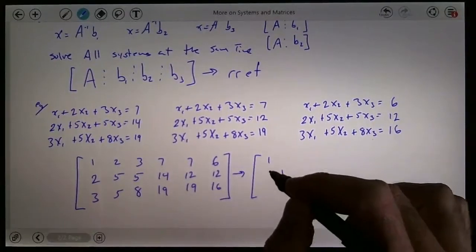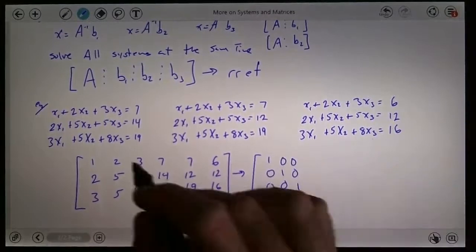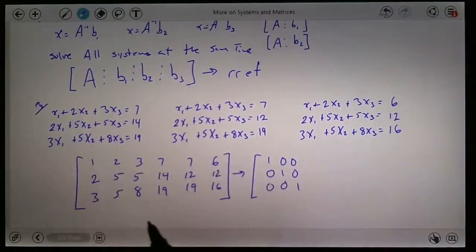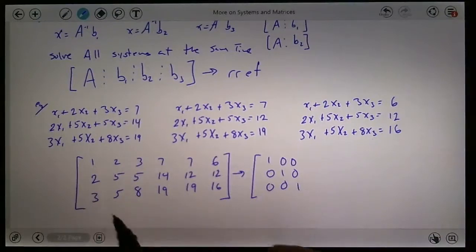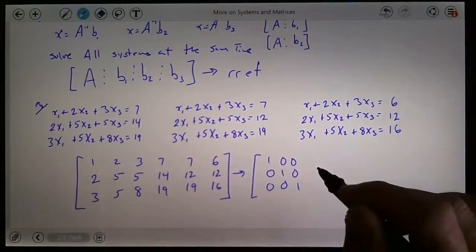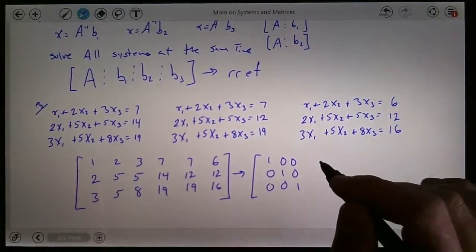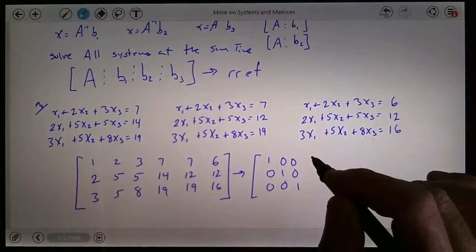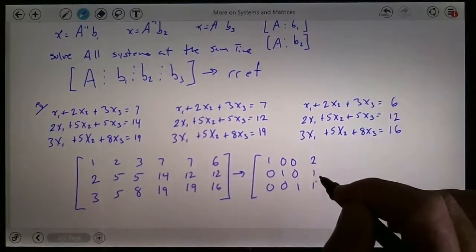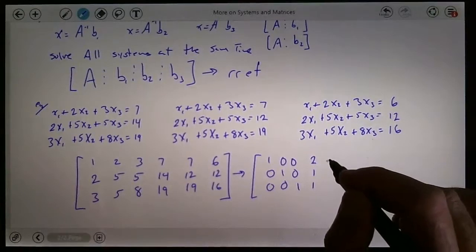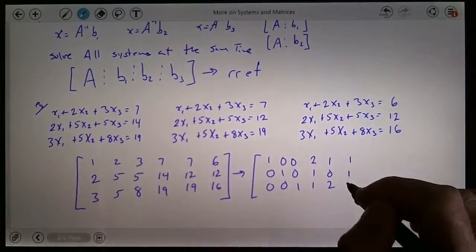The first 3 columns look like an identity matrix. So apparently matrix A was invertible. That is, just those first 3 columns form an invertible matrix. So each of these systems has only a single solution, and the last 3 columns look like this: 2, 1, 1, 1, 0, 2, and 1, 1, 1.